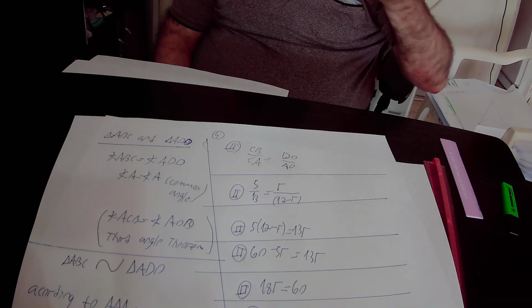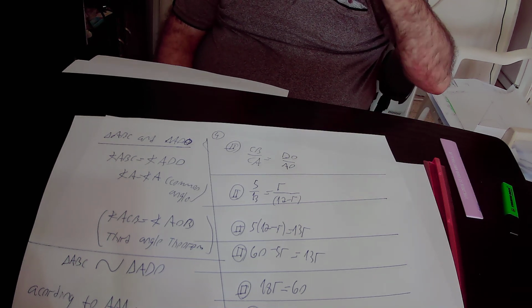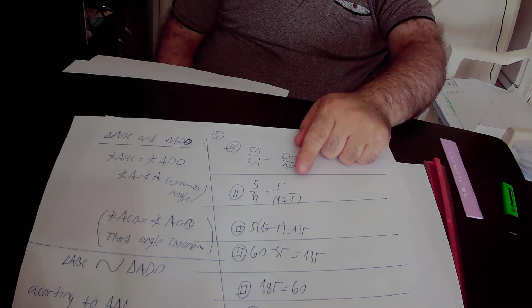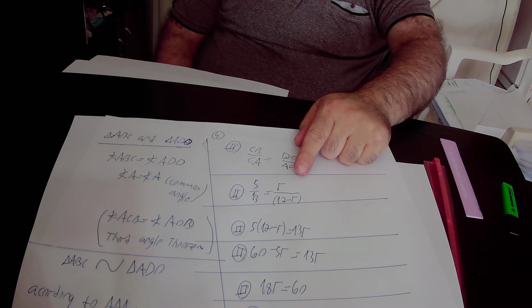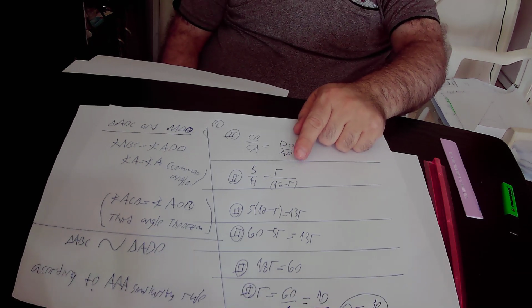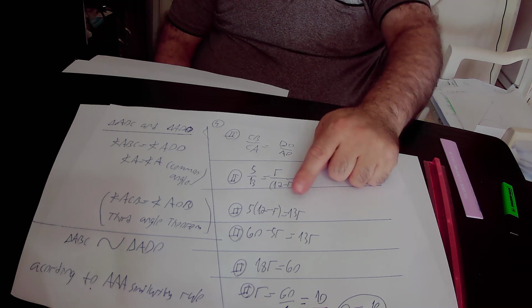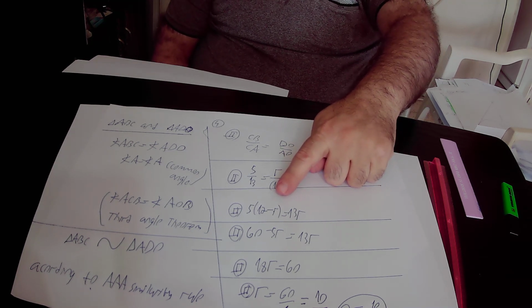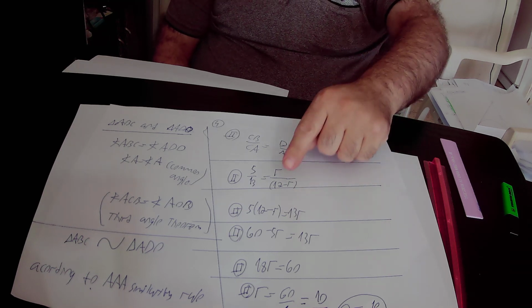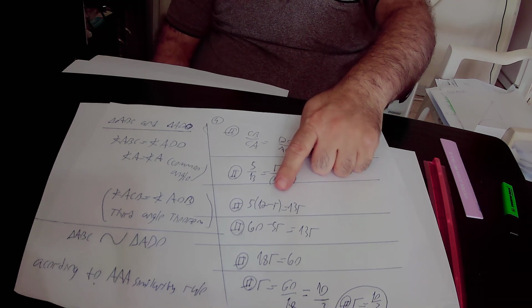So in conclusion, according to equation number 2, 5 over 13 equals R over 12 minus R. Cross multiplying, we got that 5 times (12 minus R) equals 13R. We open the brackets on this side of equation number 2, and we got that 5 times 12 equals 60, and 5 times minus R equals minus 5R.